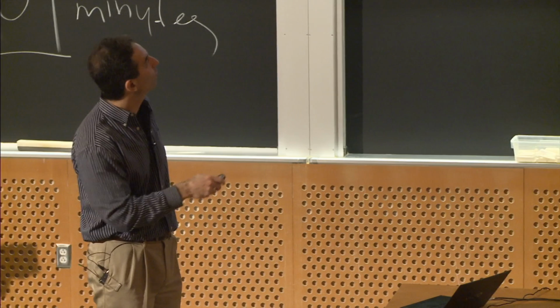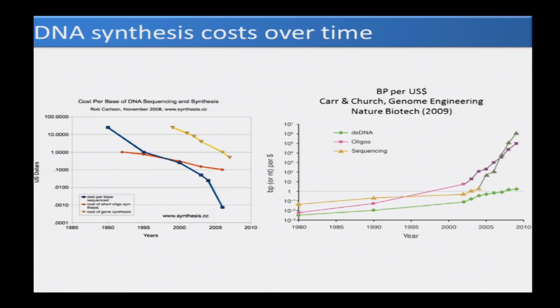This is really where the action is right now. Again, the driving force for this is how inexpensive DNA synthesis is. We're following some kind of Moore's law with respect to dropping costs in DNA synthesis. This is one of the most important enabling technologies: it is less and less expensive to order longer and longer sequences of DNA.